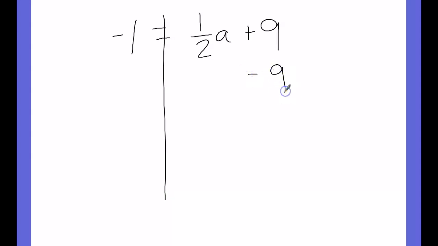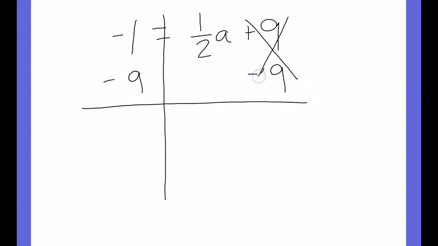Make a 0 pair. I still, on this side, have 1/2 times a. Over here, I have what? Good. These two are multiplication, so the opposite is division, so I divide by 1/2.